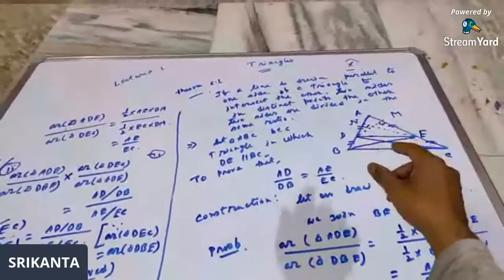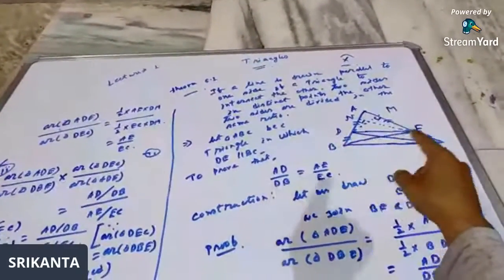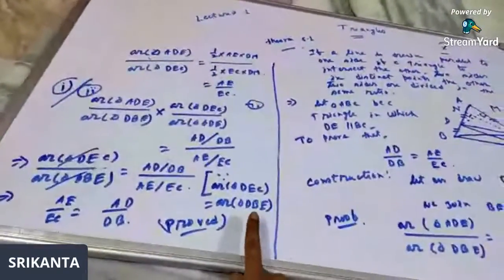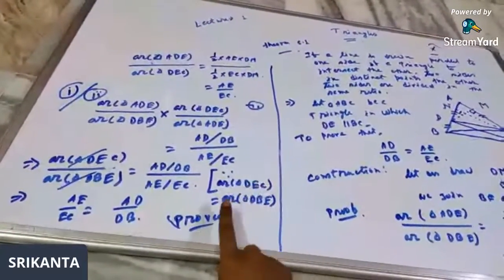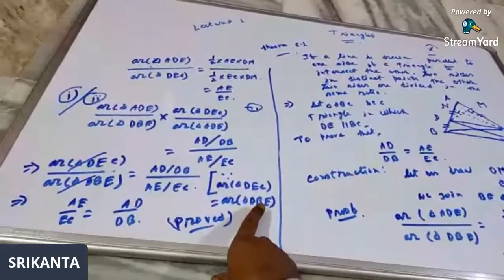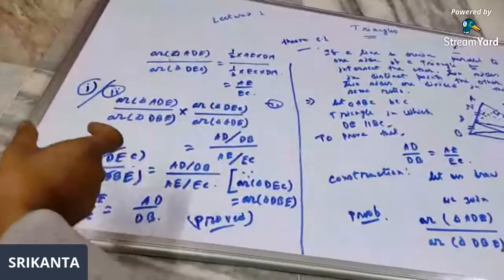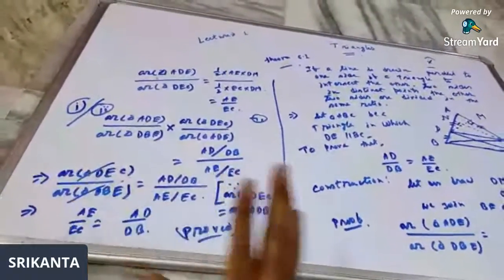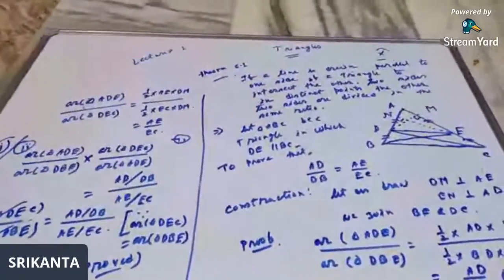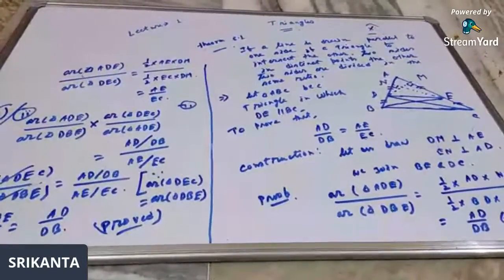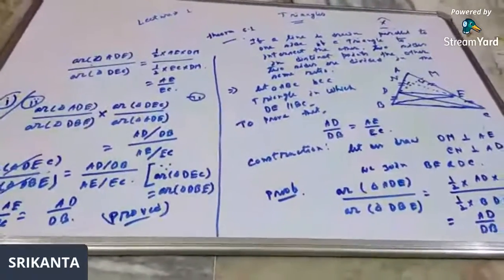So we should have triangle BDE's area and triangle DEC's area equal. That is what we have written. Since area of triangle DEC and area of triangle BDE are equal, they cut down. So now we have AE by EC. This goes there. So we have AE by EC is equal to AD by DB. And this concludes your proof.